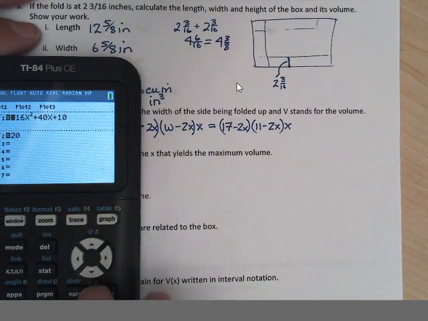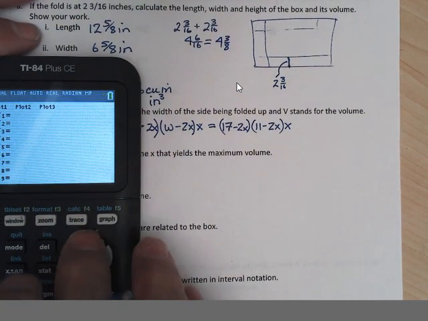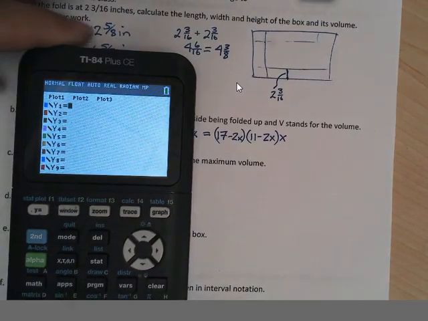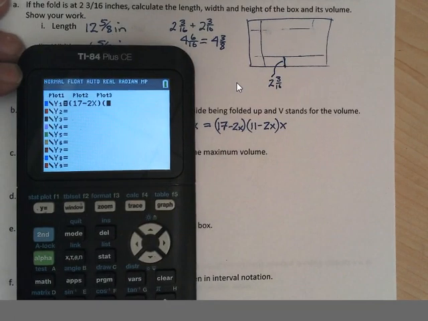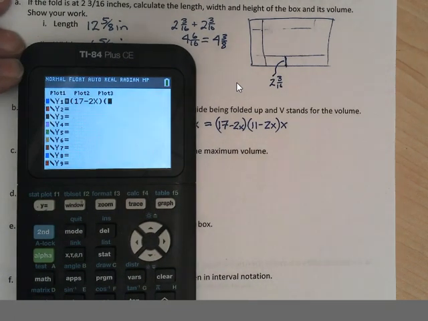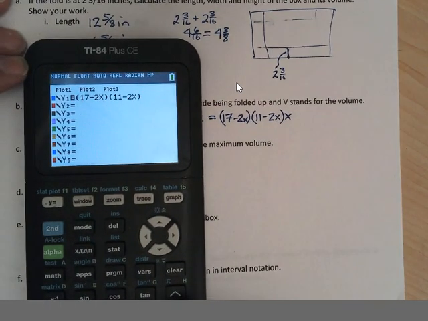Now we're going to graph that. So we're going to go here and go parentheses 17 minus 2x, close parentheses, open parentheses, 11 minus 2x, close parenthesis, open parenthesis, and x.